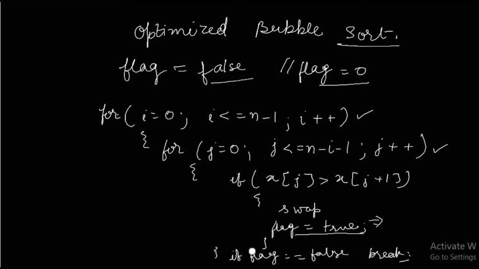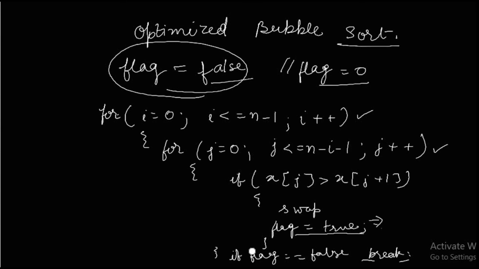It means swapping has not taken place, the list is sorted, and there is no need to go for more passes. In this way we can easily check whether a list is sorted or not by using just a flag variable. This is the basic beauty of the bubble sort algorithm.